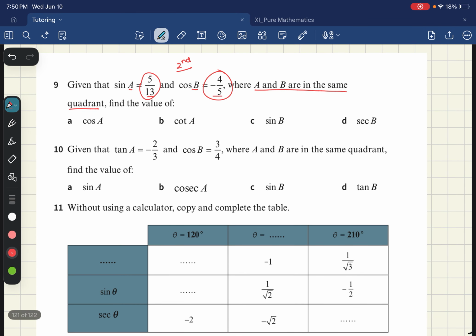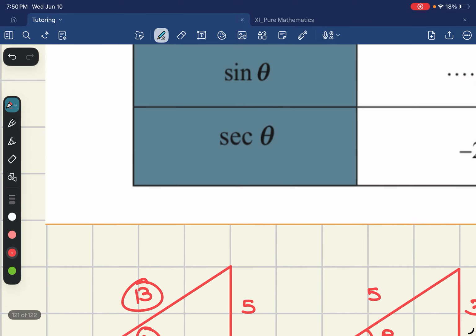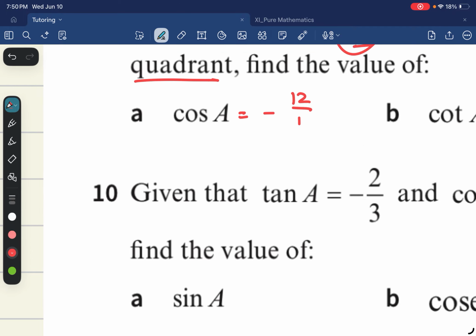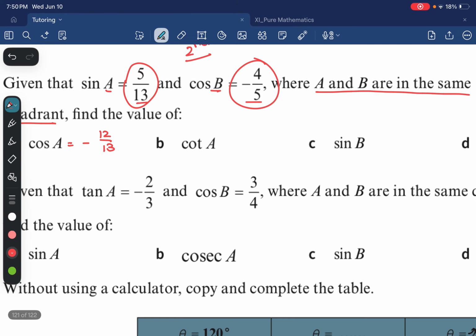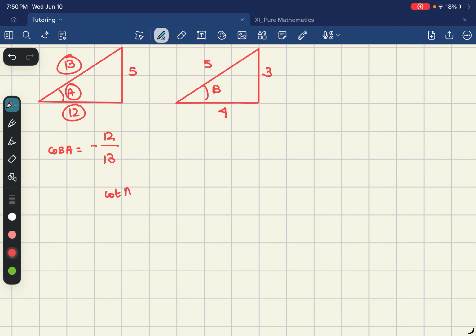All right, find the value of cos A. Use your cos triangle. Cos A is adjacent over hypotenuse, but it's in the second quadrant, so it has to be negative. So your solution is negative 12 over 13. All right. Cot A. Cot A is adjacent over opposite.